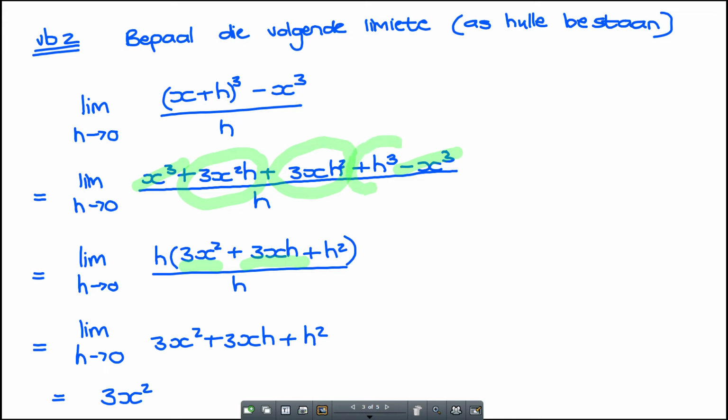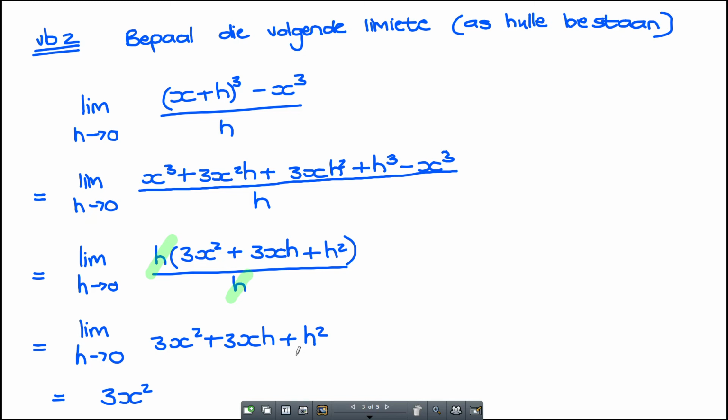If I take out h here, h squared. Okay, then these will cancel out. En dan bly net daai hakkie mos oor van 3x² plus 3xh plus h squared. You guys good with that?